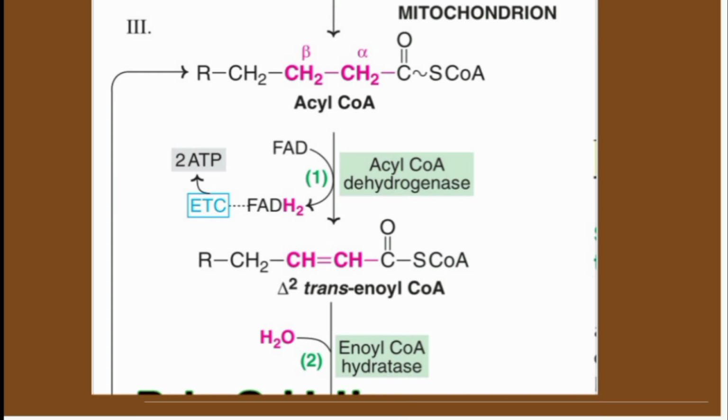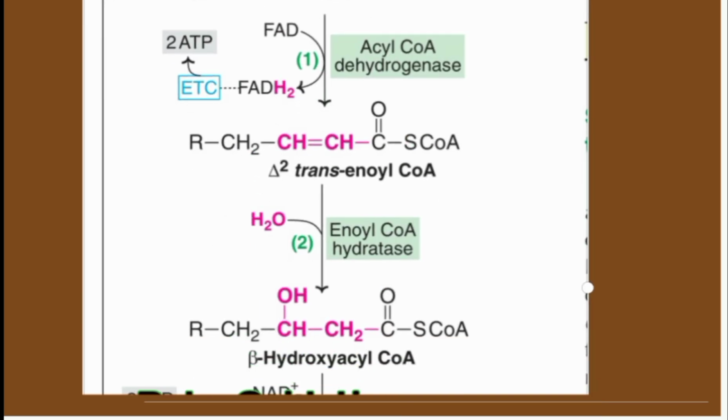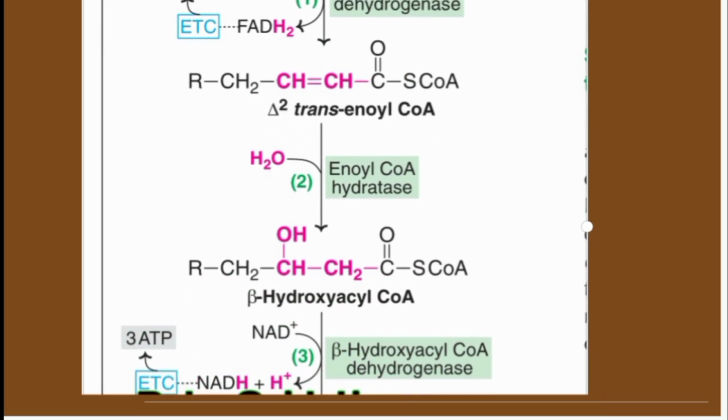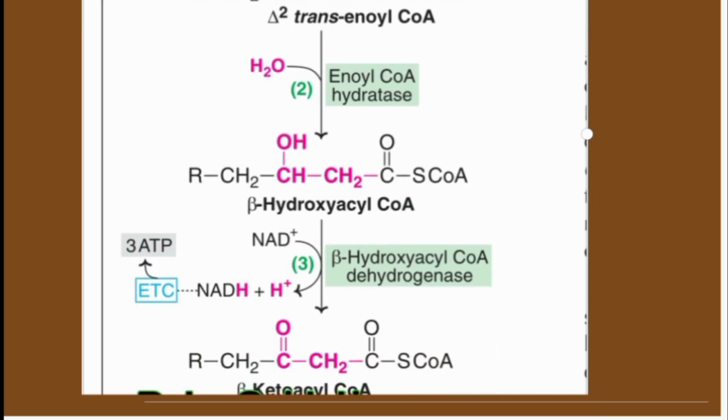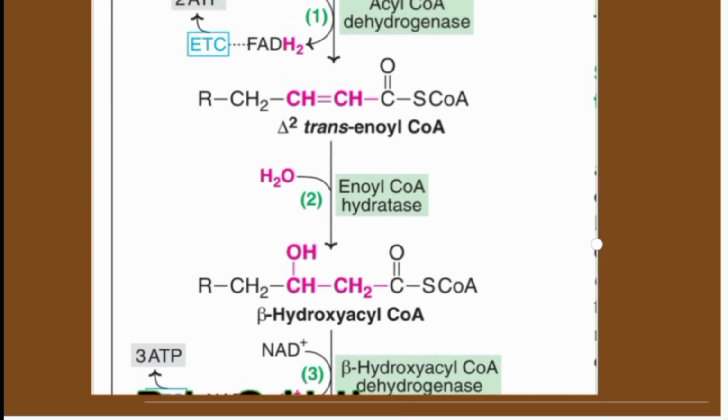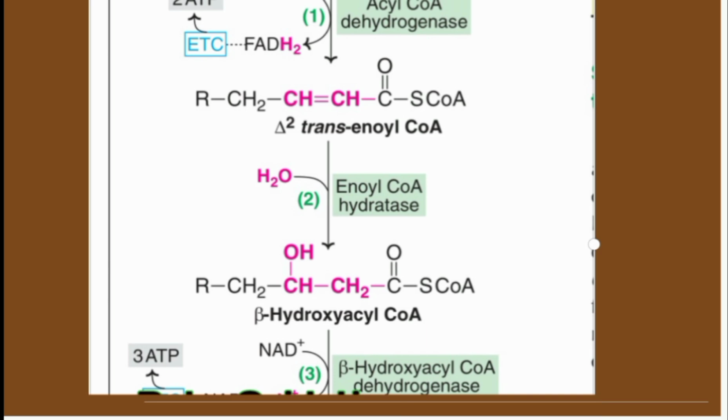Moving on, the trans-enoyl-CoA is being hydrated. Remember, the first was oxidation, and now this is hydration by the enzyme enoyl-CoA hydratase, and we form a beta-hydroxyacyl-CoA. This is so because, as you can see, we hydrated the beta carbon, and that's why it's called beta-hydroxyacyl-CoA.